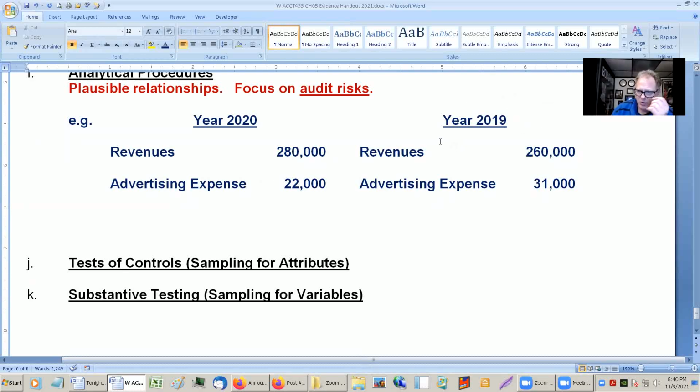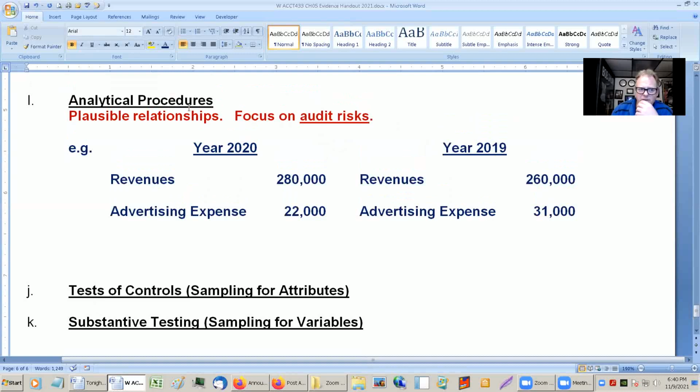Now, is this proof of fraud? It's actually not proof. You're going to have to investigate it, and that's what analytical procedures do. They don't usually catch the fraud, but they tell you where to look. So analytical procedures tell you where to look for fraud.